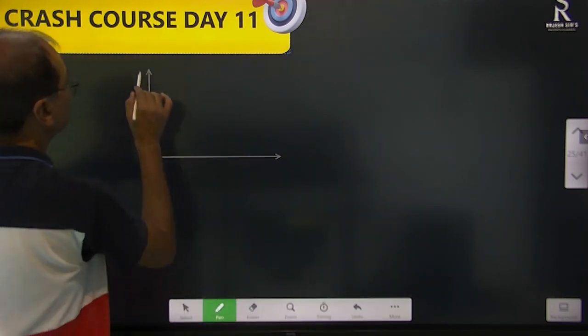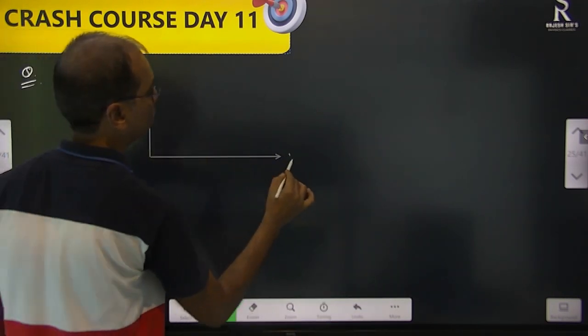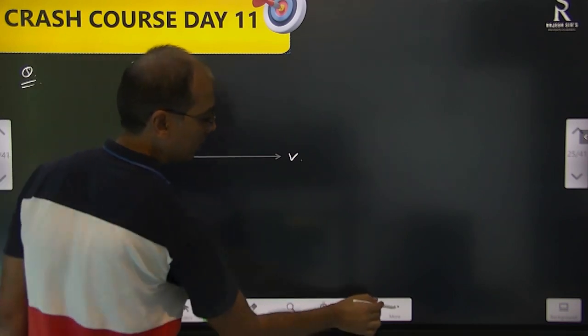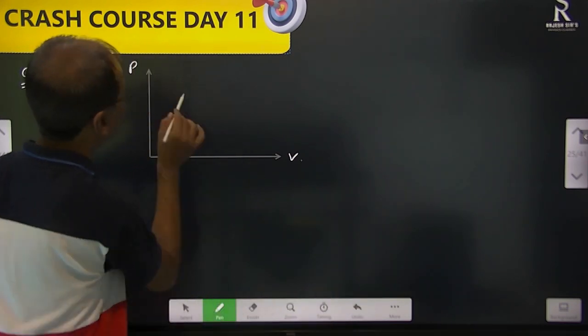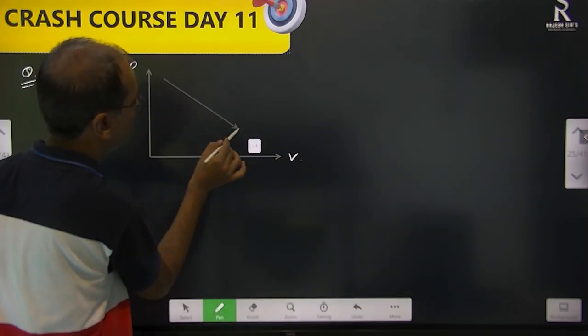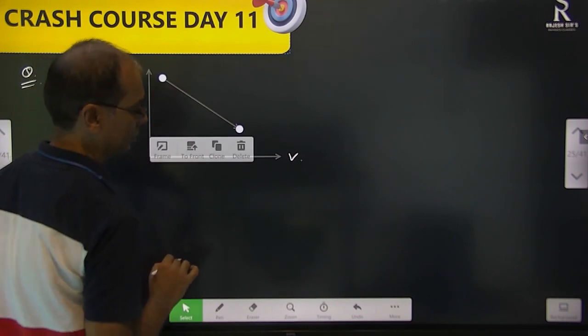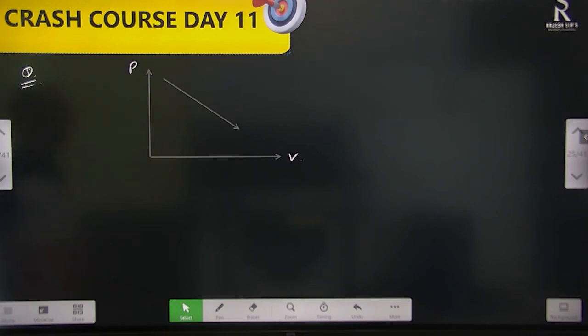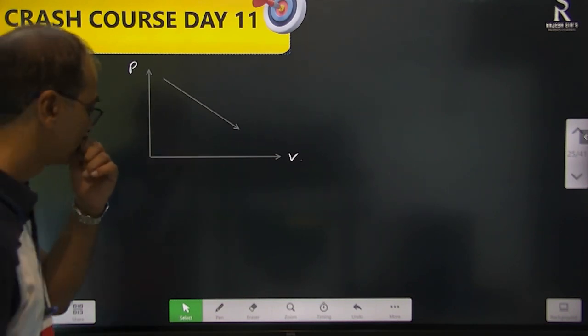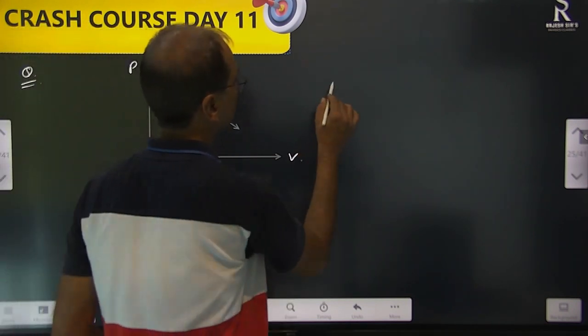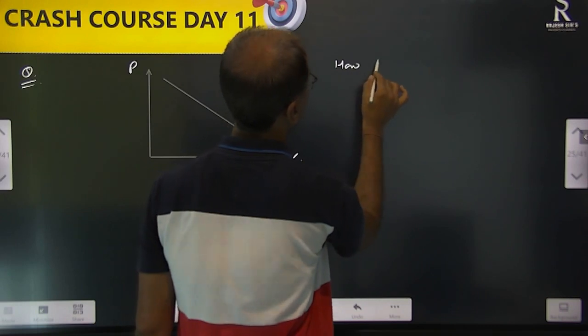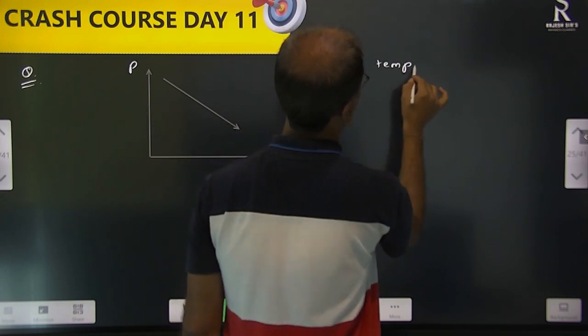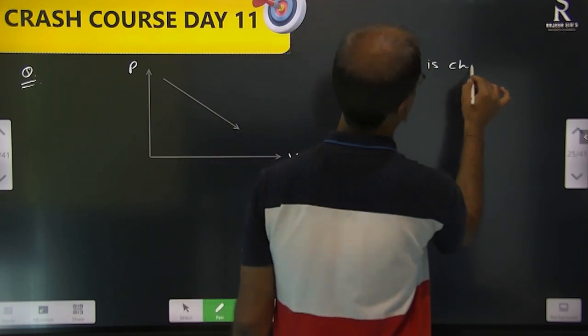No, not this one. This is P, this is P. And in this PV graph, the graph is like this. Now what do we have to comment on in that one? We have to comment about temperature. How temperature is changing in this process.